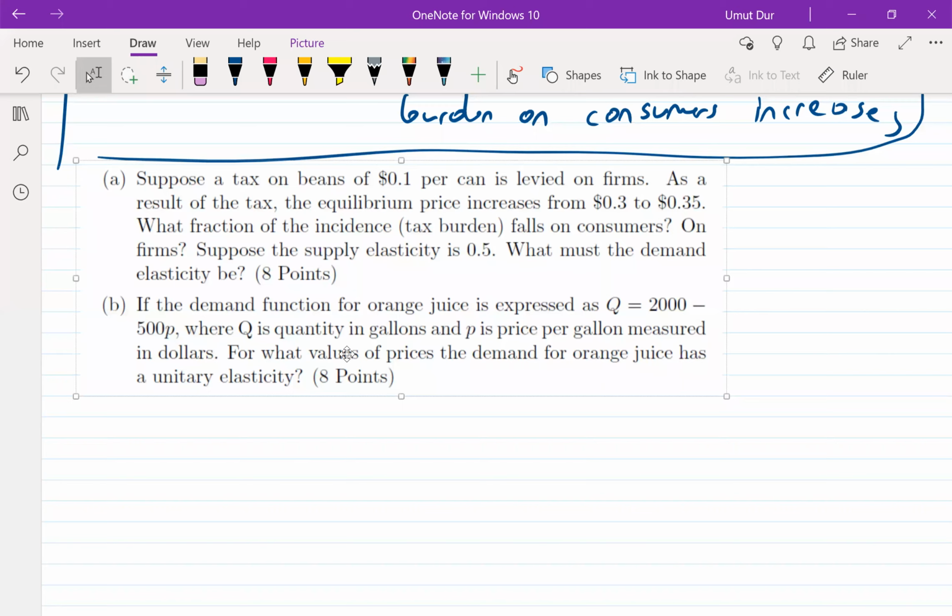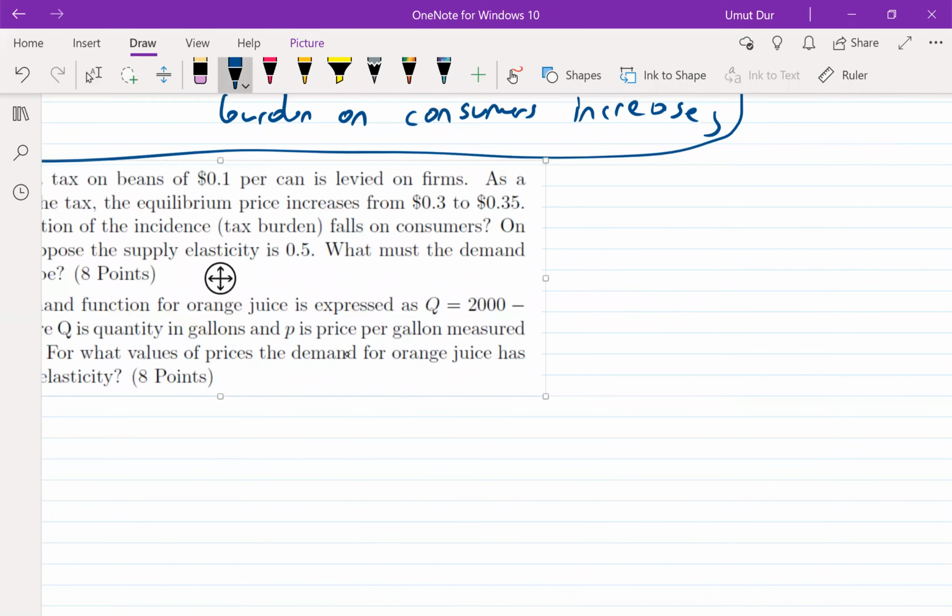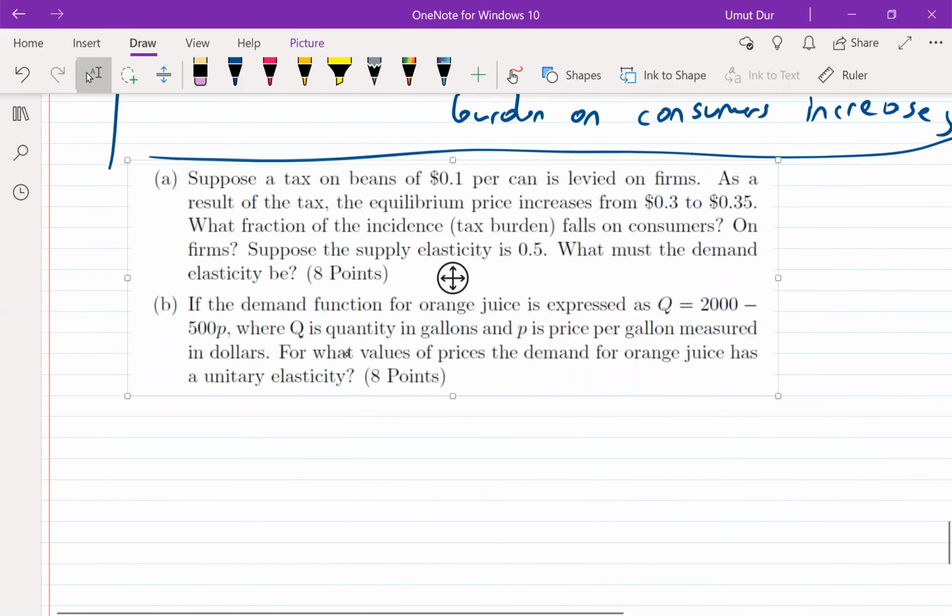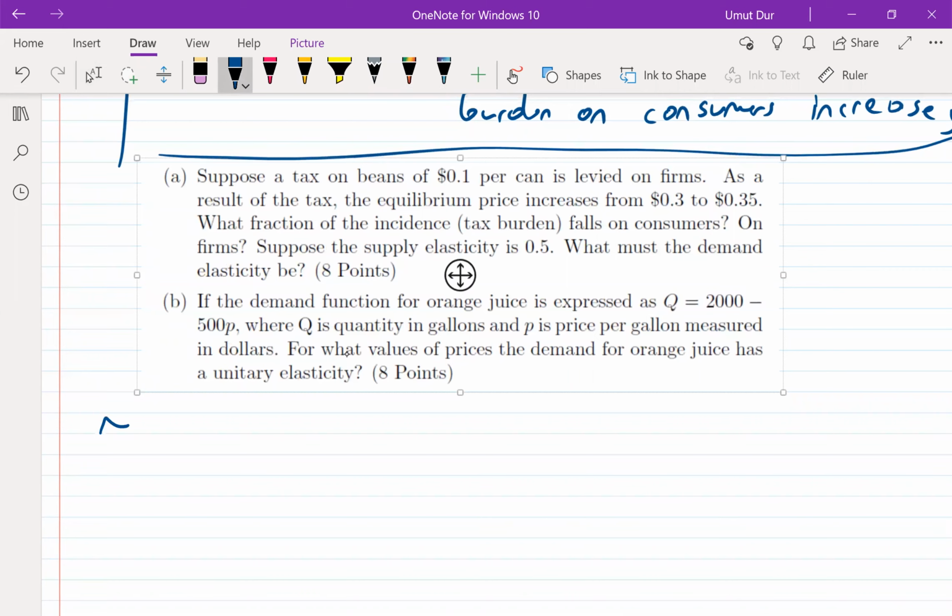Suppose there's a tax on beans. The tax on beans is 0.1, and it is on the firms, as we just learned.